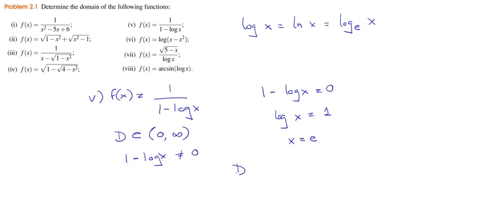So D is the set from 0 to e, and then from e to infinity, okay.